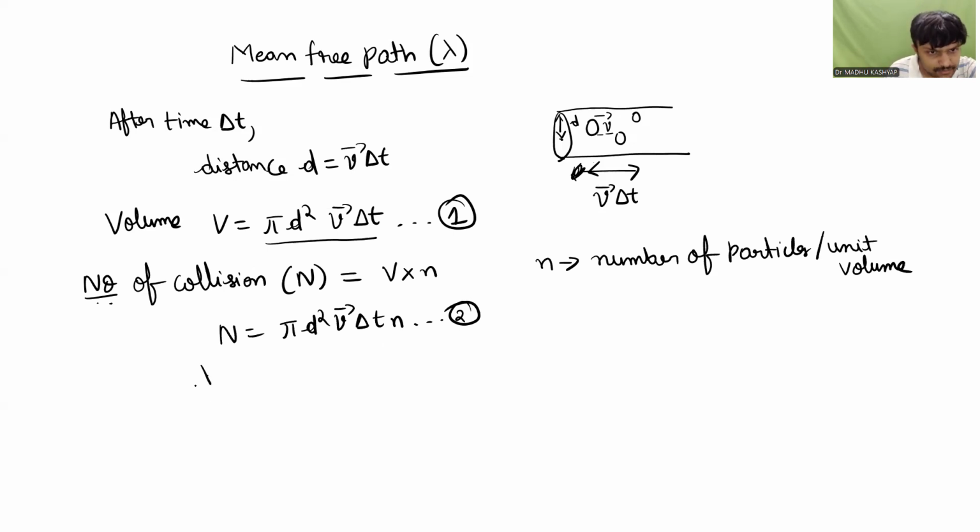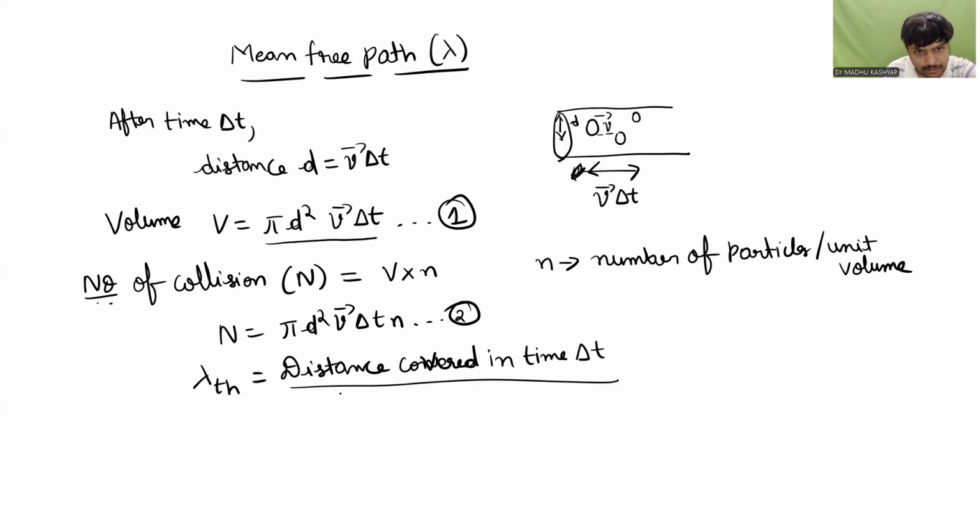The theoretical mean free path, which you would have studied in class 12, is the ratio of distance covered in time delta t to the number of collisions.